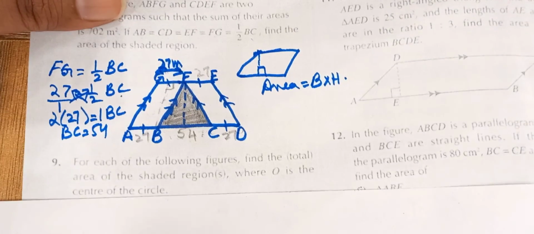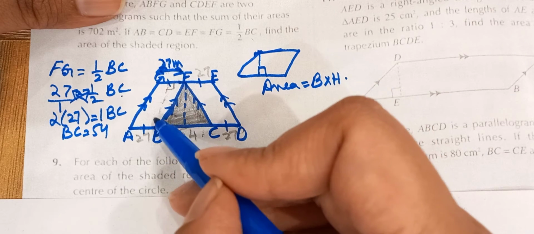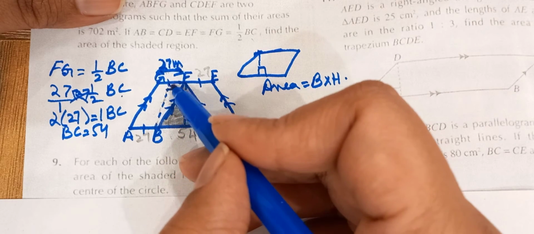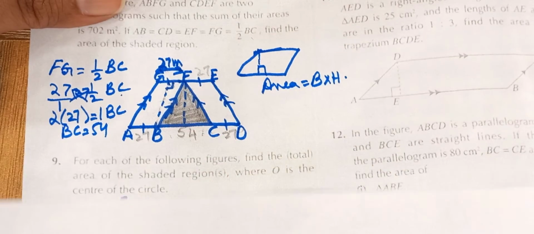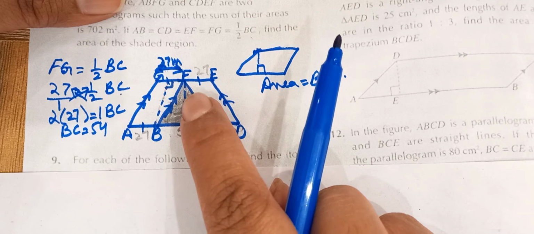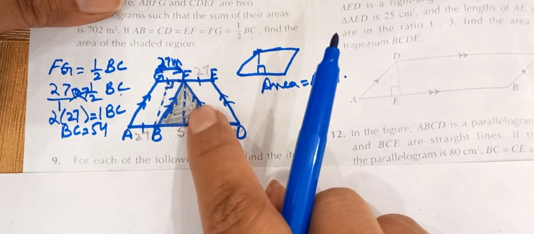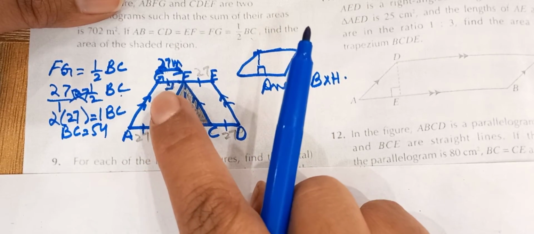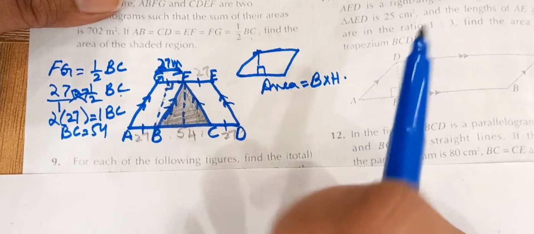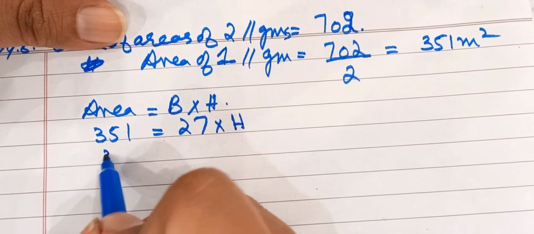Base of this would be the straight line on GF, which is 27. Because right now I am not solving this triangle, I am solving this parallelogram, so that I can find the height. Height is unknown, so base I know, which is 27, into height is unknown.